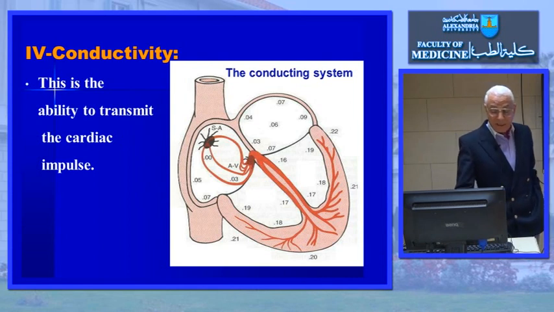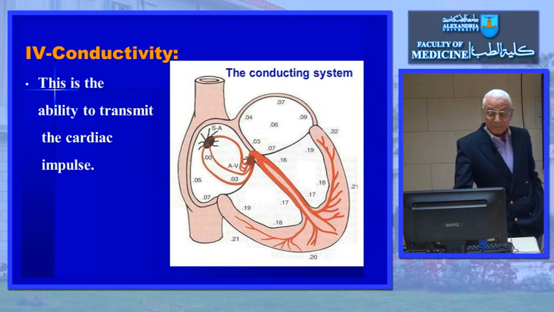We find least conduction taking place at the AV node. Here, the speed of conduction is about 0.04 meter per second. While the fast conduction occurs at the bundle branches and Purkinje fibers. The speed of conduction is about 4 meter per second.